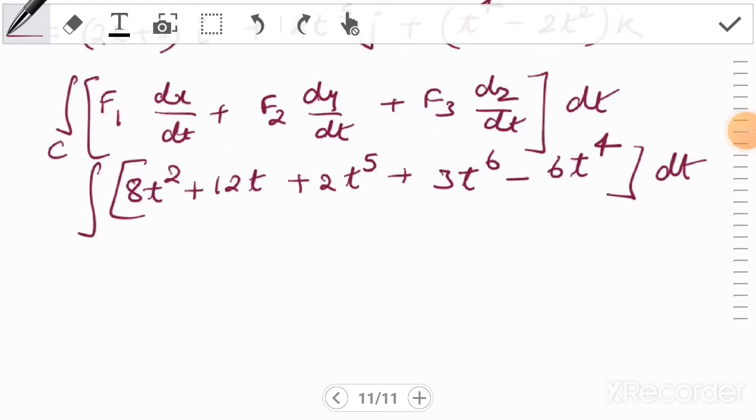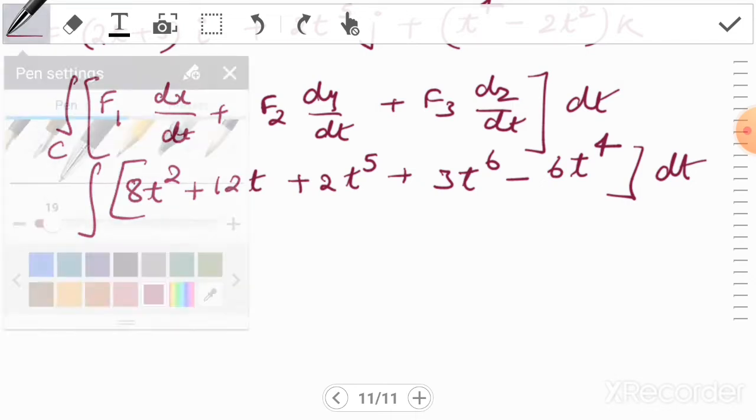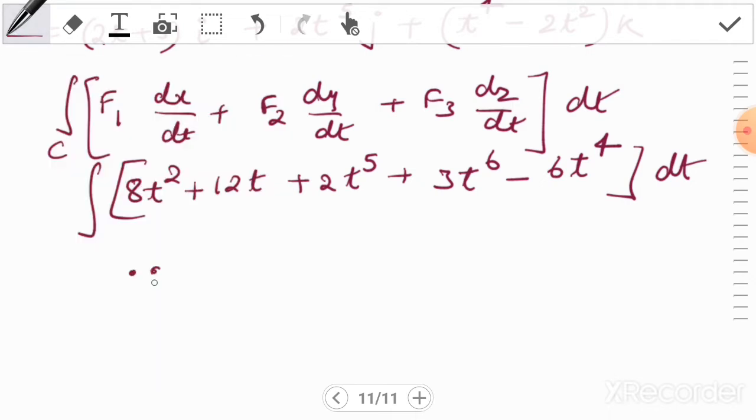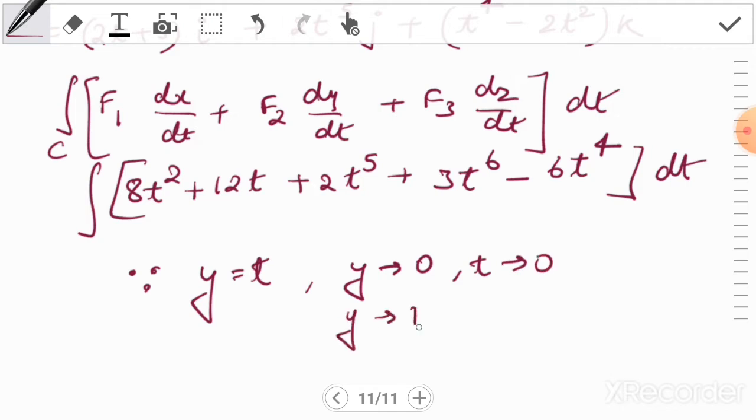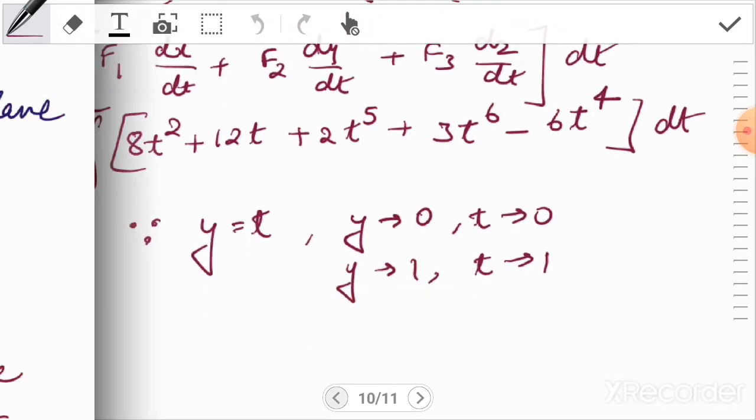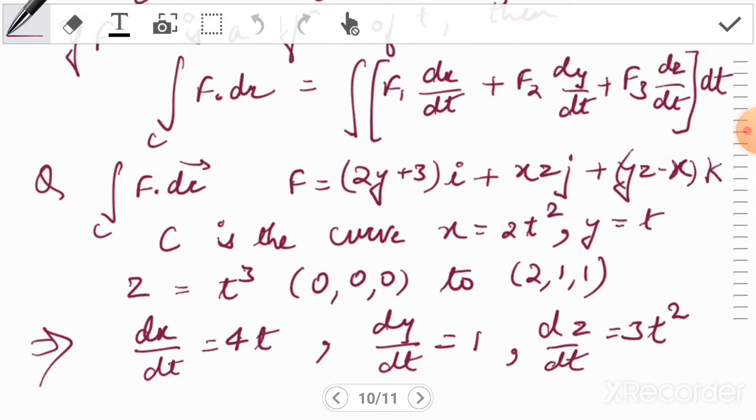Now let us find the limits of t. So we know that y is equal to t. So if y tends to 0, t also tends to 0, and if y tends to 1, t tends to 1. So you can choose any among these three: y is equal to t, x is equal to 2t square or z is equal to t cube.